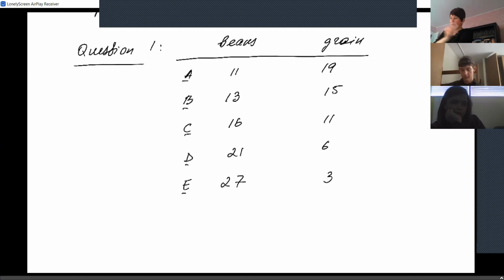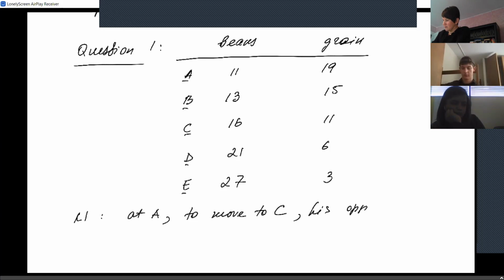Here's the first question. If the farmer is producing at point A, then what is his opportunity cost if he moves to point C? You can all unmute your mics and just talk with me.